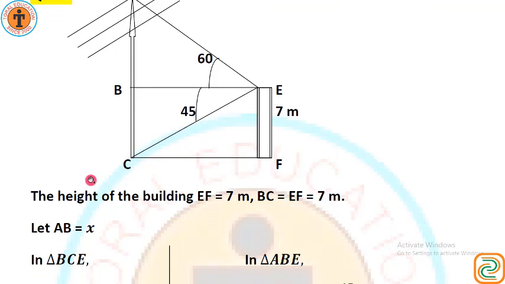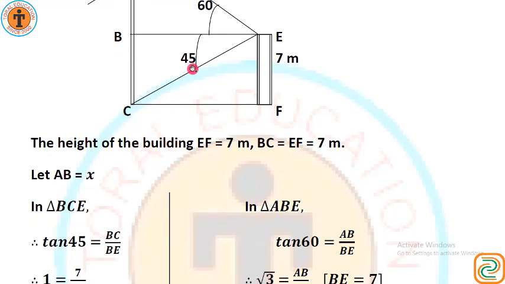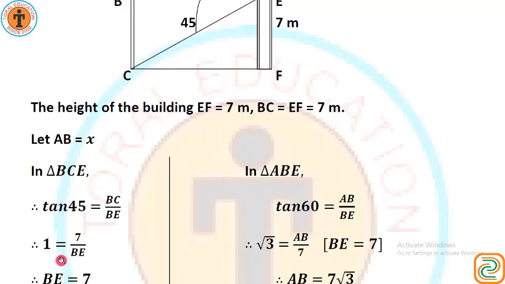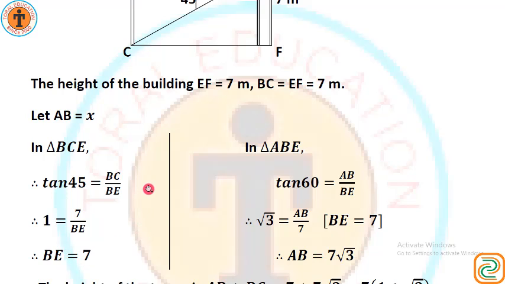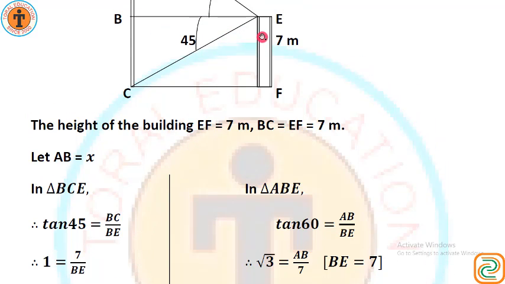Let AB equal x. In triangle BCE, tan 45 equals BC upon BE. 45 gives 1 and BC is 7, so BE equals 7. We have got BE.